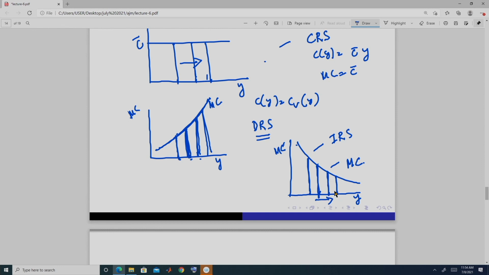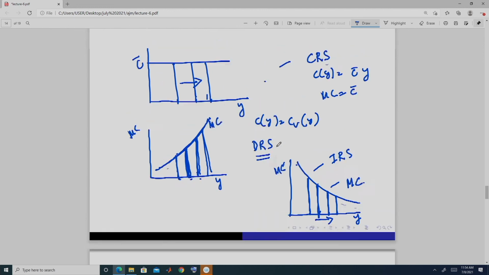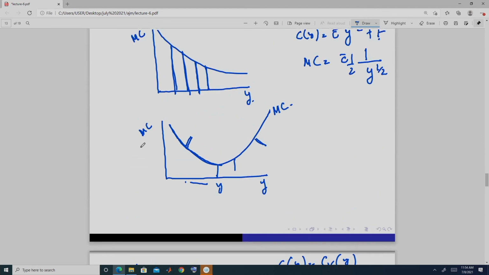Suppose we are increasing output 2 times, 3 times, now we are employing less than 3 times labor and capital. So, that is why the marginal cost is going down. Okay. So, these are the natures of marginal cost, and another marginal cost is of this nature, U-shaped.